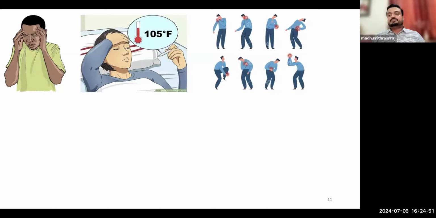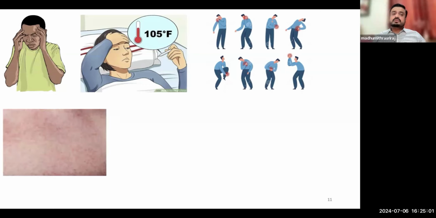They can have severe body aches, like joint pains, body pains. Wherever you touch, there will be tenderness. That can be a warning sign. In dengue specifically, we all know that platelets, which are particles in the blood that help in coagulation, the clotting of blood, go down.